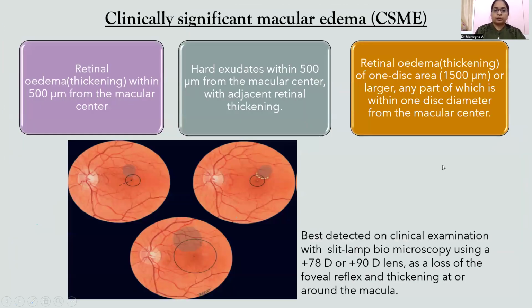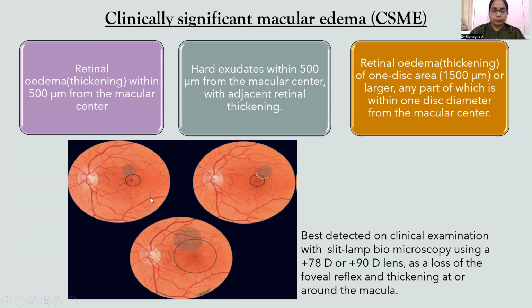So among maculopathy, the most commonly asked question is CSME. So what is clinically significant macular edema? You have to know these three criteria of CSME. If these three are present, you can classify the patient as having CSME. Okay. So any retinal thickening or edema within 500 microns from the macula center.